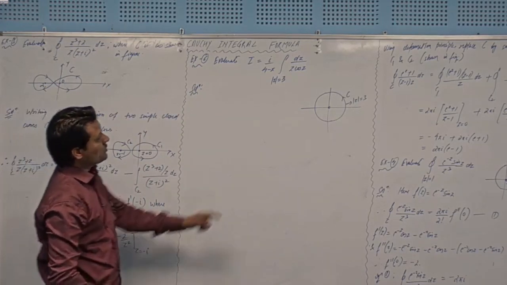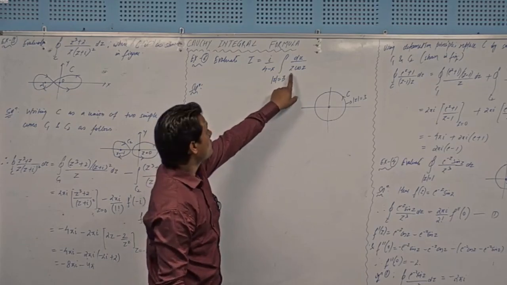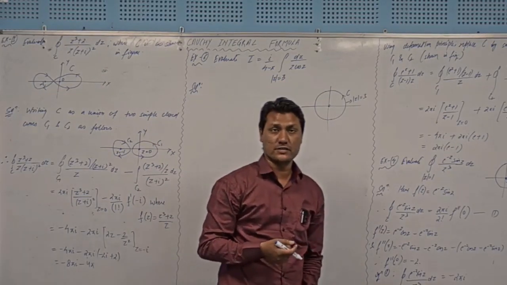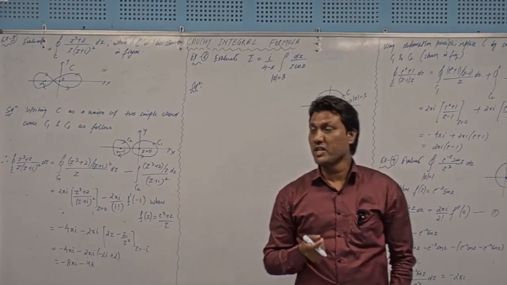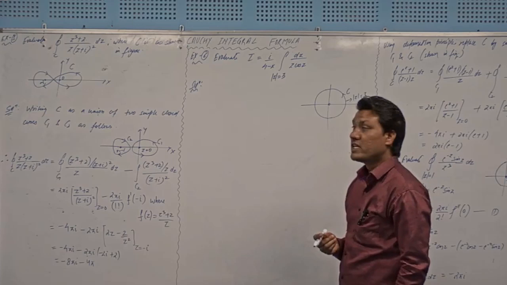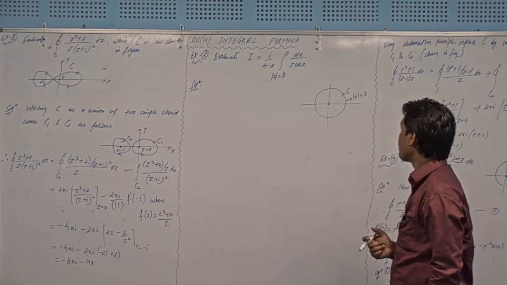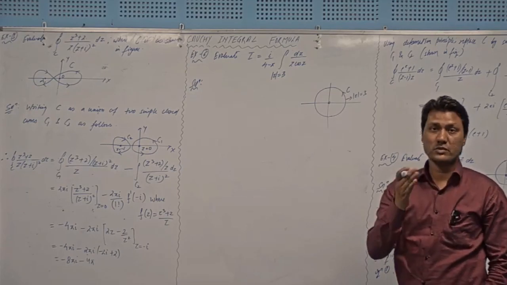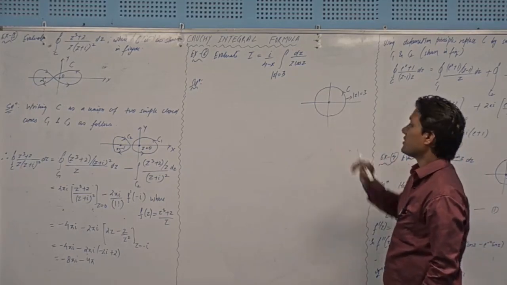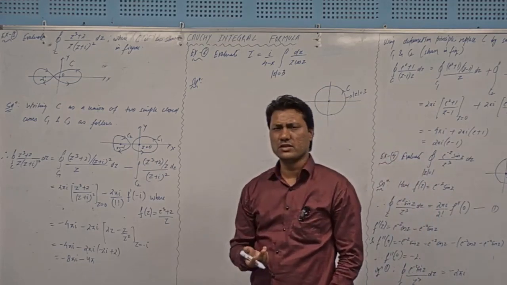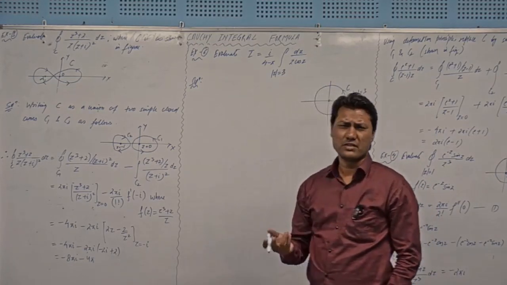If you put the denominator equal to 0, that will produce z equal to 0, and cos z is equal to 0 at z equal to plus minus pi by 2, plus minus 3 pi by 2, plus minus 5 pi by 2 and so on, meaning odd multiples of pi by 2.